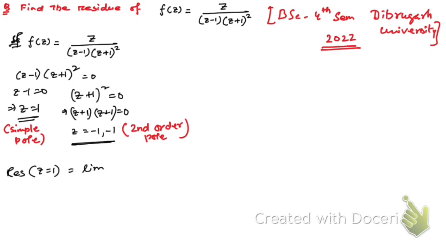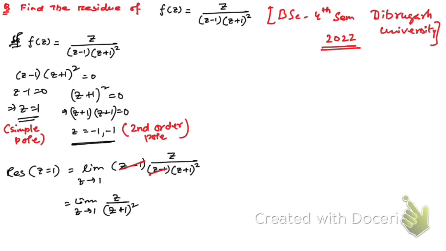Limit z tends to 1, z minus 1 times f of z, which is this. It is of order 1, so z minus 1 cancels. Then limit z tends to 1, z by z plus 1 whole square, and putting 1, we get 1 by 1 plus 1 whole square, that's 1 by 4. So that's the residue at one pole we have got.